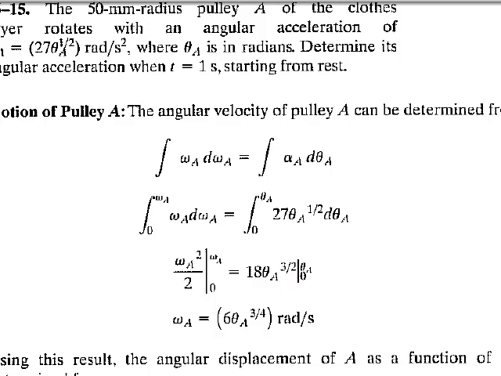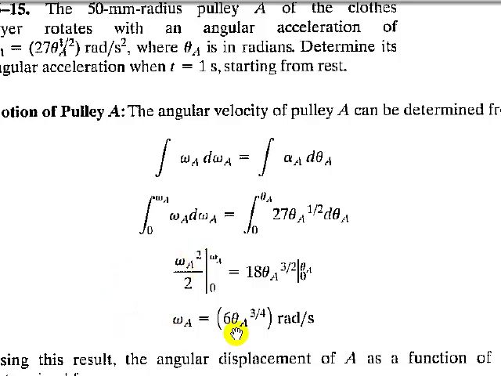Okay, I'm back after answering a phone call from my son. And so we're integrating alpha d theta equals omega d omega in the rotational form, where alpha was given as a function of theta. And doing that and simplifying, we get that omega is equal to 6 theta to the 3/4 power. That of course involved dealing with the squared term here.